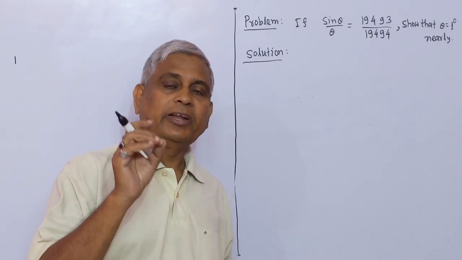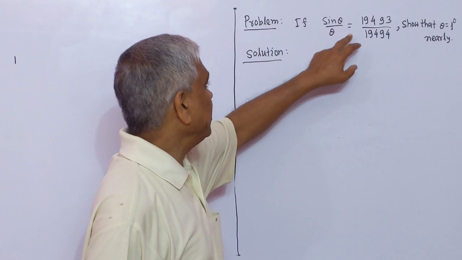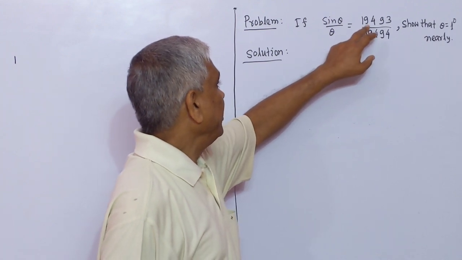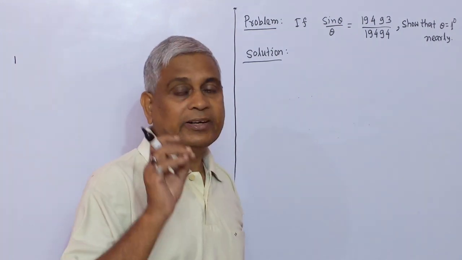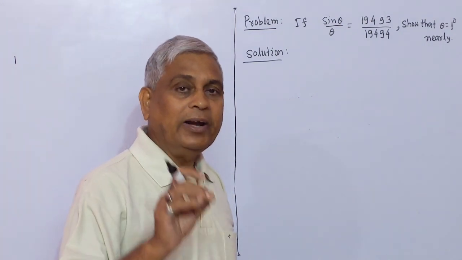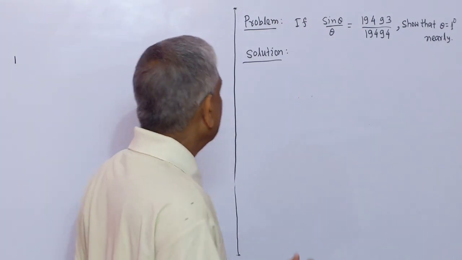Now we solve the next problem. Problem is: if sin theta by theta equals 19493 by 19494, show that theta equals 1 degree nearly. Now we solve this.